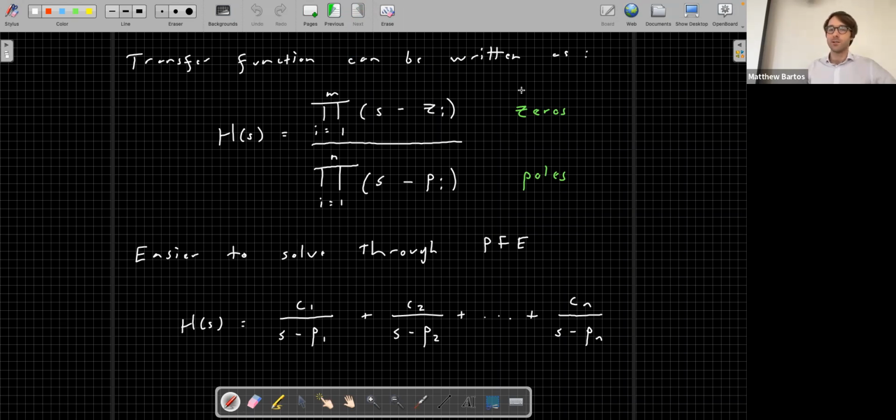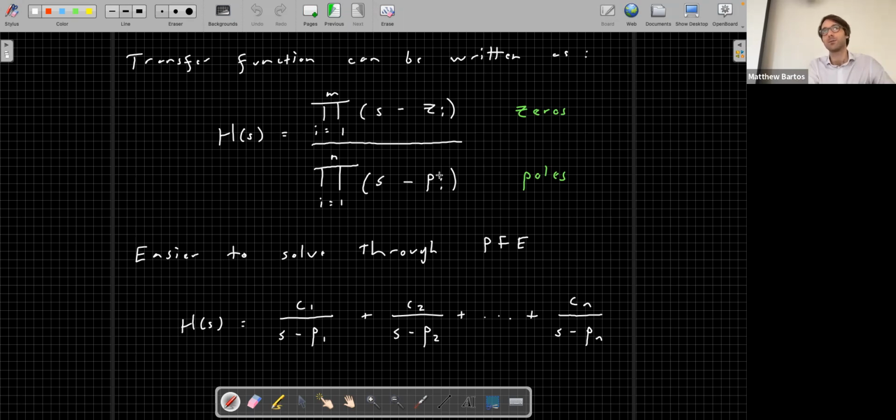So the transfer function of an LTI system can be written as a rational polynomial in S, where S is the argument to our function in the frequency domain, representing our complex variable. It can be factored into its zeros on the numerator and its poles on the denominator.